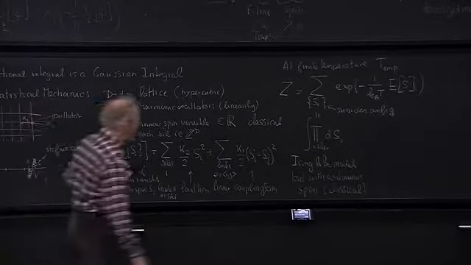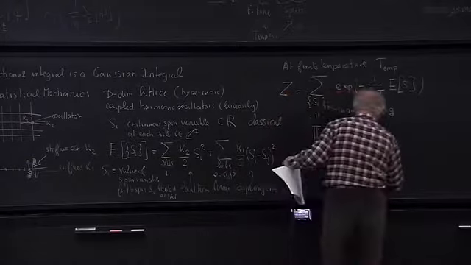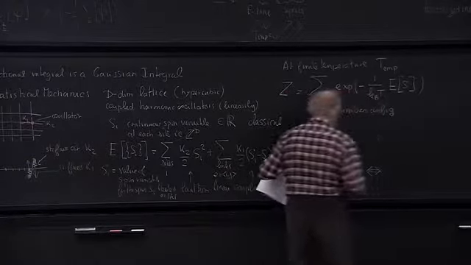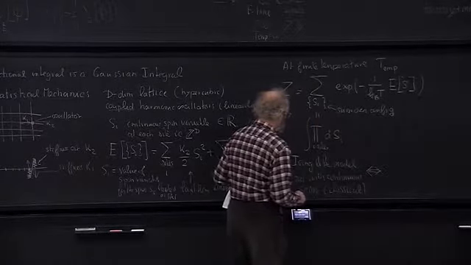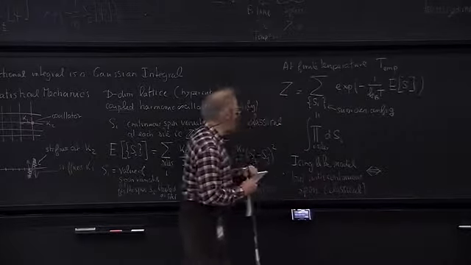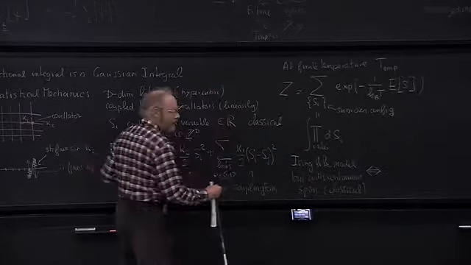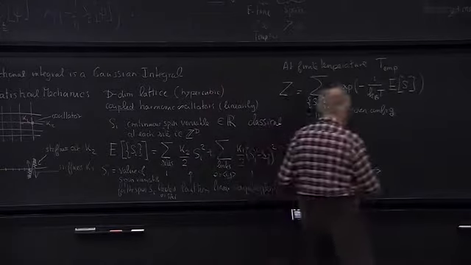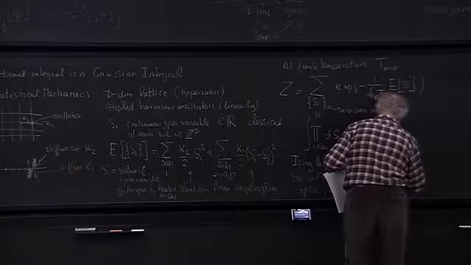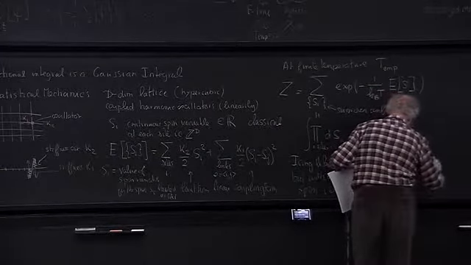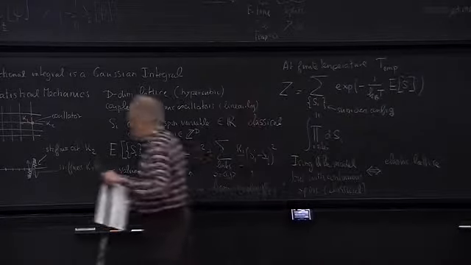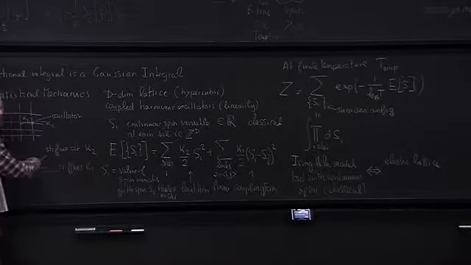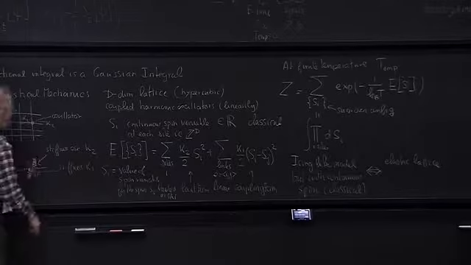In fact, I used this language because this model is also equivalent to a model of elastic lattices, where this would correspond more or less to the position of atoms.